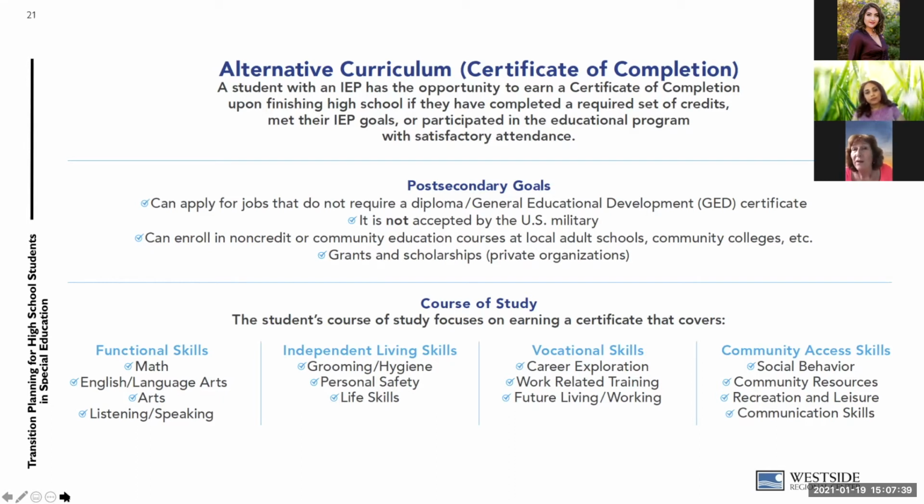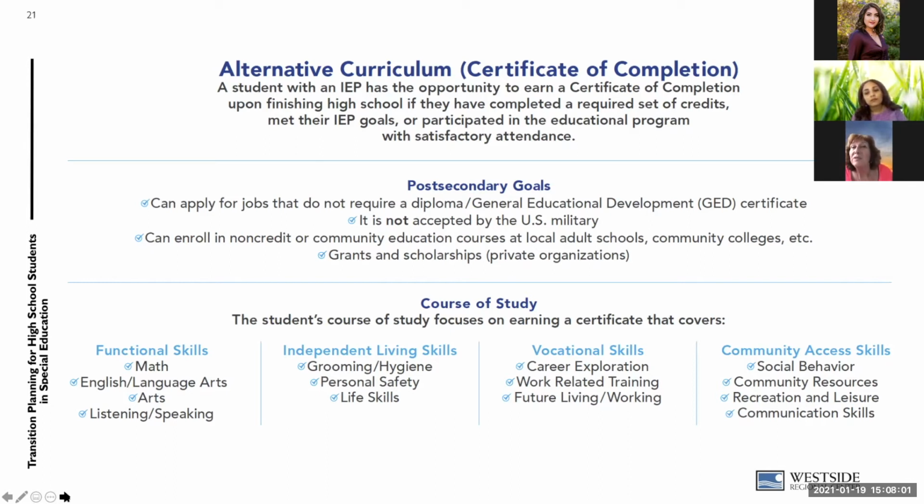For a lot of our folks, they need to do, for example, transportation training, taking the bus, learning how to read a schedule. They need to access the community resources like the supermarket and libraries and recreation and leisure opportunities, and how to communicate this.